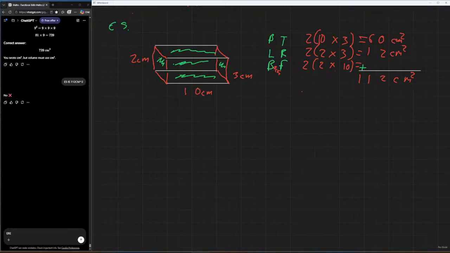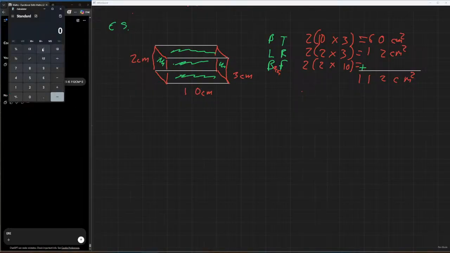Yes. 2 times 10. Did I lose my mathematics? No, it's 40. 10 times 2 is 20 times 2 is 40. So that was wrong. Alright, plus 12 plus 60.